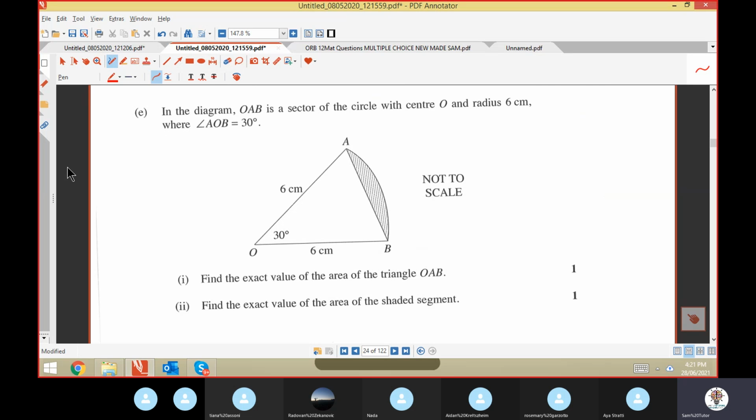In the diagram, OAB is a sector of the circle with center O and radius of 6. Find the exact value of the area of the triangle OAB.